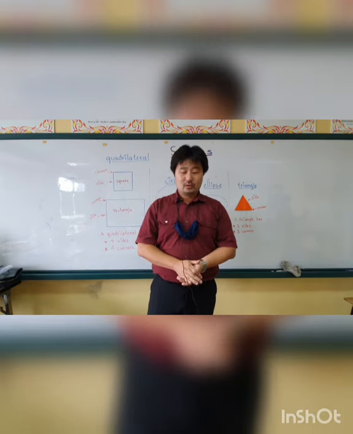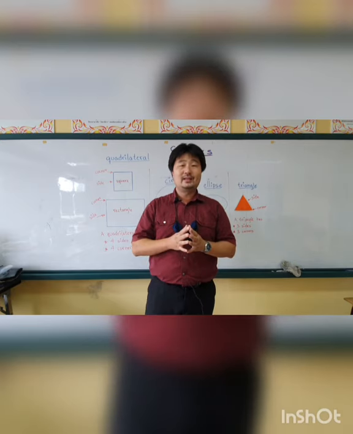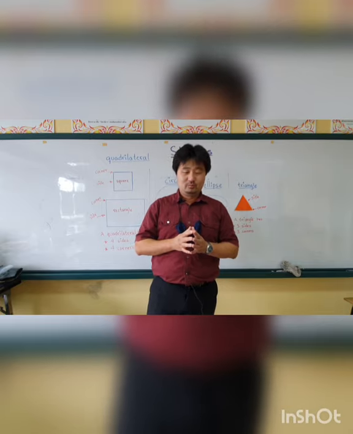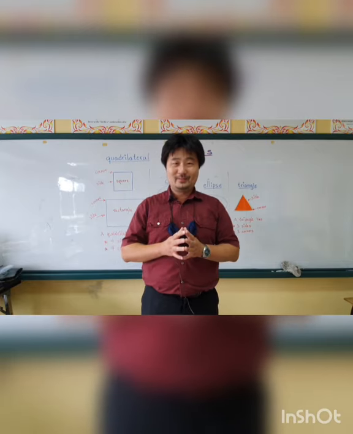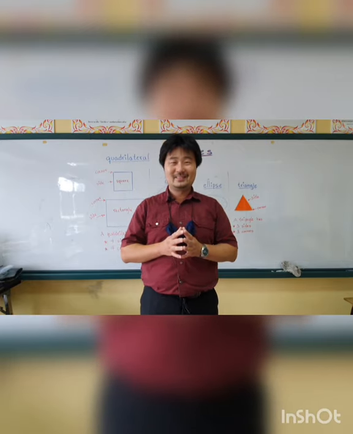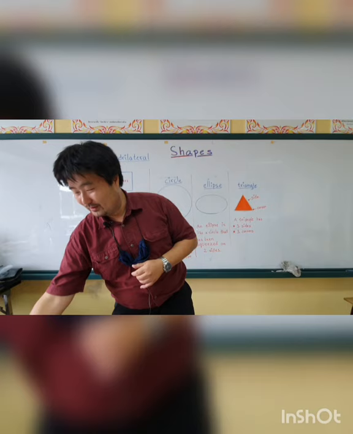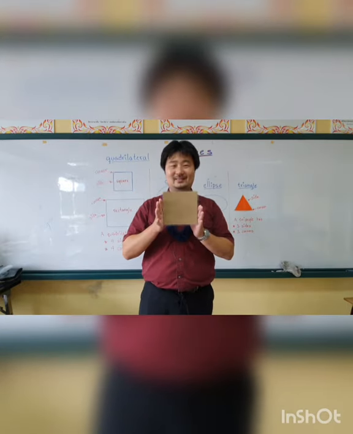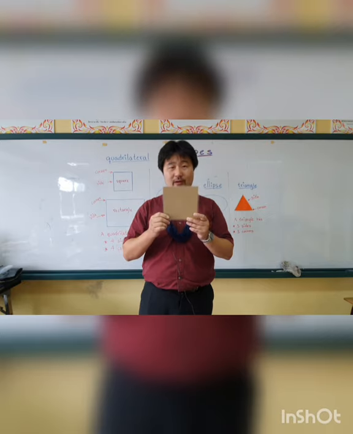Okay, so as I said in yesterday's video clip, today I'm going to talk about the definition of these shapes. Okay, so do you remember the shapes? Yes? Good. What is this? A square.